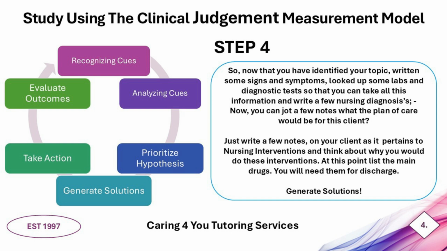This is called step 4 in the clinical judgment measurement model, which is to generate solutions. For some of us that are old school and we're still doing the nursing process, this would be a plan of care. But everybody switch over to new school. Step 4, generate solutions.